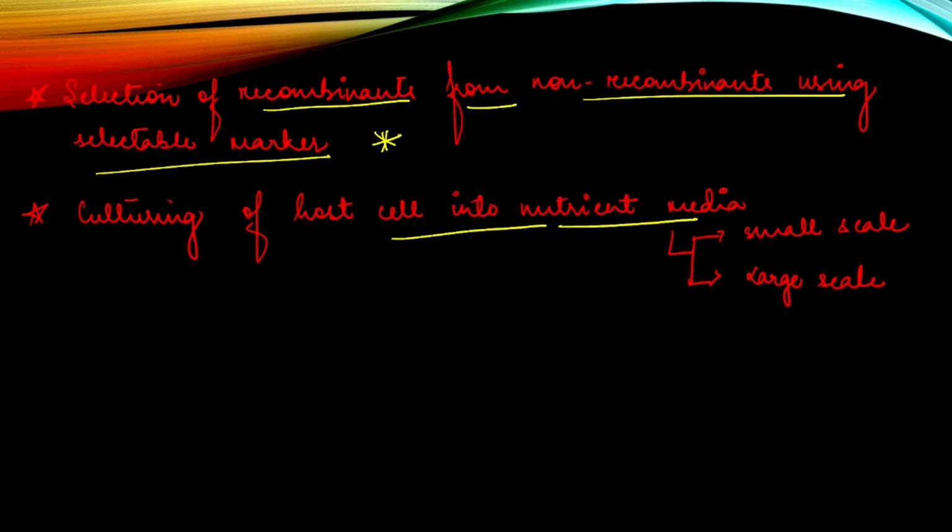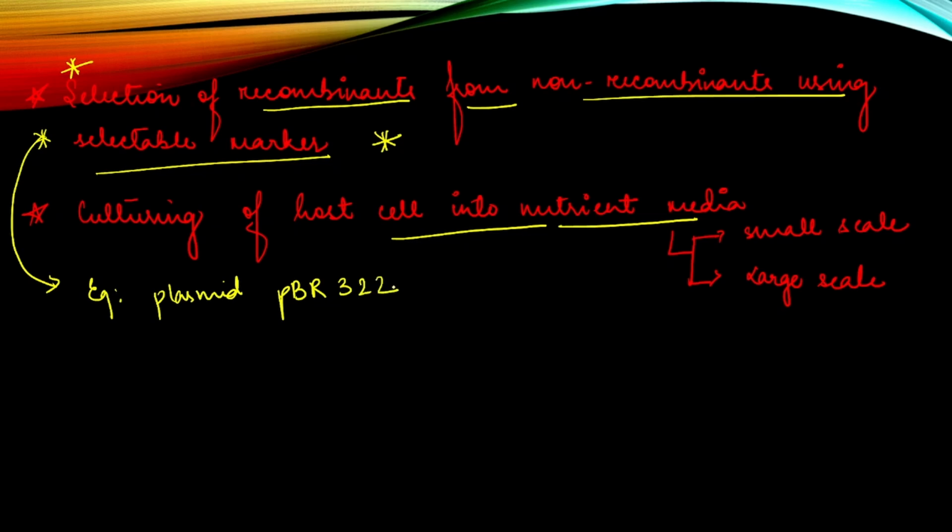If you want to see how, let me explain, because we must decide whether cells are recombinant or non-recombinant. Let me give you an example. Take the plasmid pBR322.